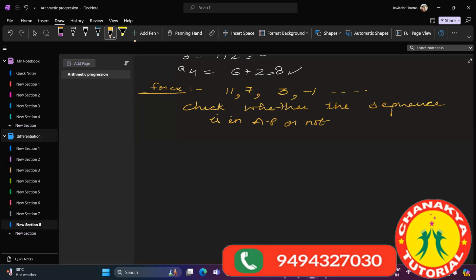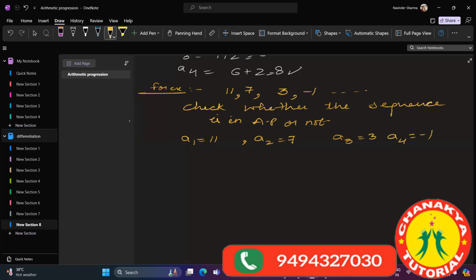So children, how will we check whether the given sequence is in AP or not? First of all, you will write the first term, second term, third and fourth term. So you will write like this. First term is 11. Then second term will be 7. Third term is 3. And fourth term is minus 1.